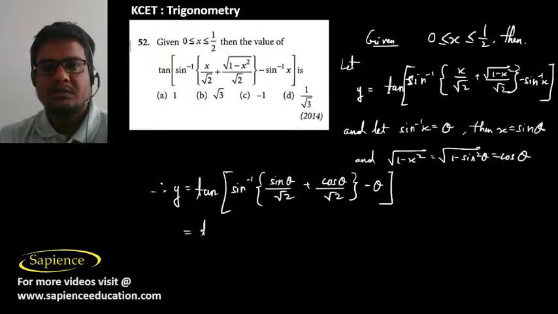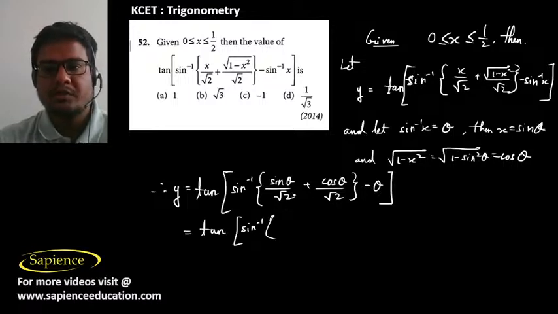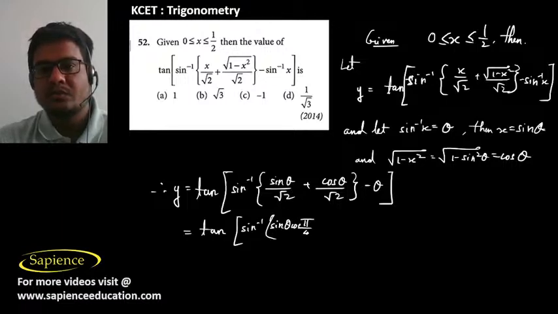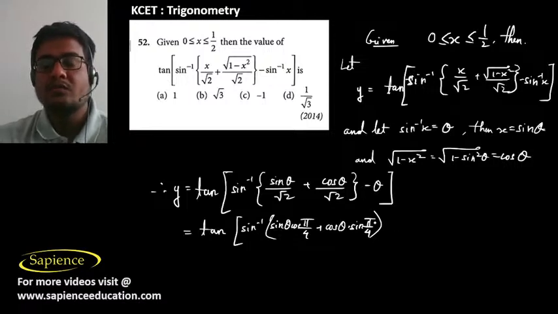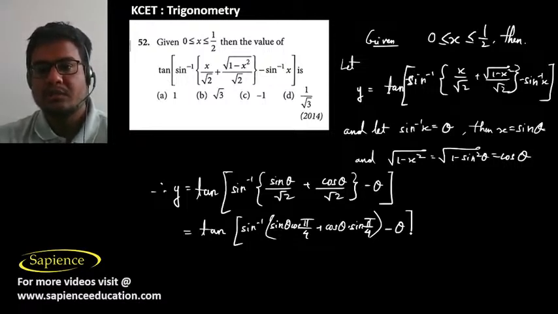So that will be tan of sine inverse, and this 1 by root 2 I can write as cos pi by 4. So this will be sine theta into cos pi by 4 plus cos theta into sine pi by 4, since both cos pi by 4 and sine pi by 4 are 1 by root 2, minus theta.